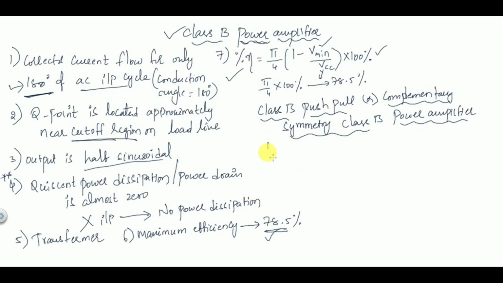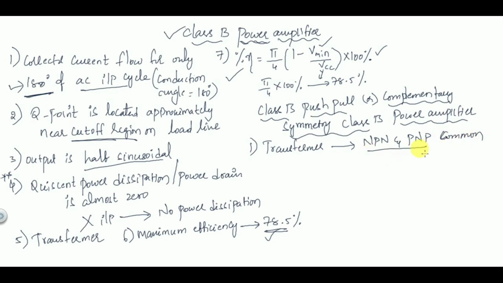So in this, the transformer is going to be replaced by a combination of both NPN and PNP transistors. The transformer is replaced by NPN and PNP transistors used in common collector configuration.